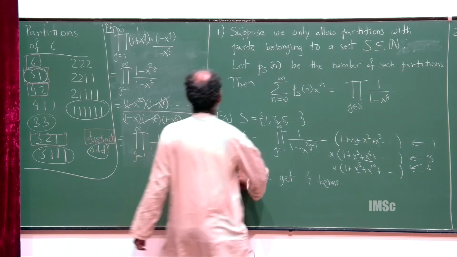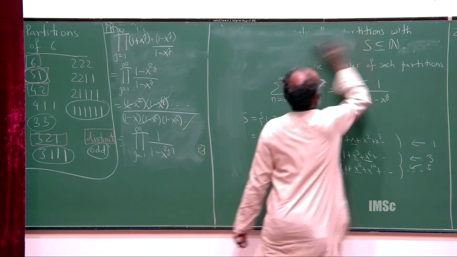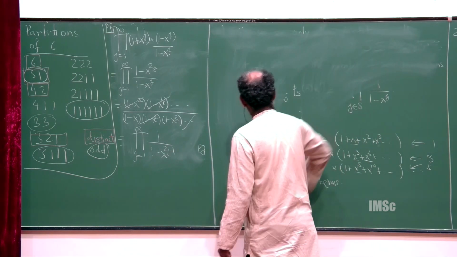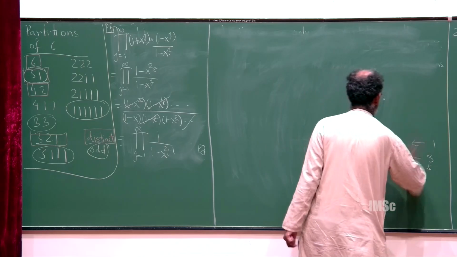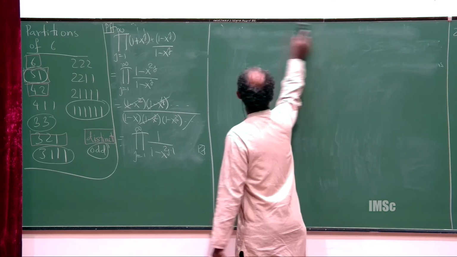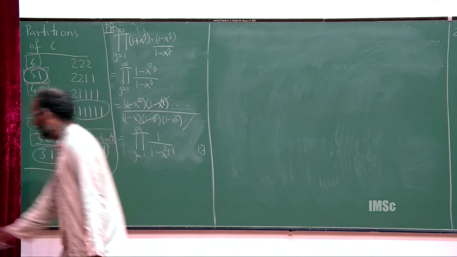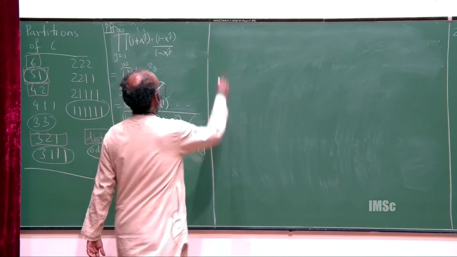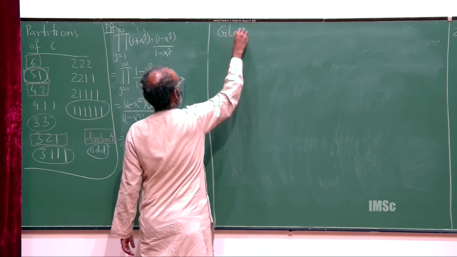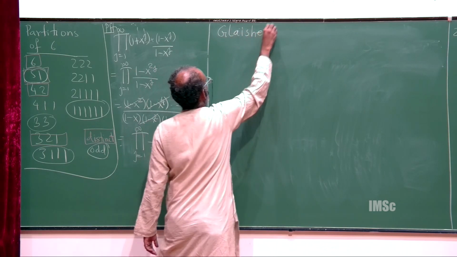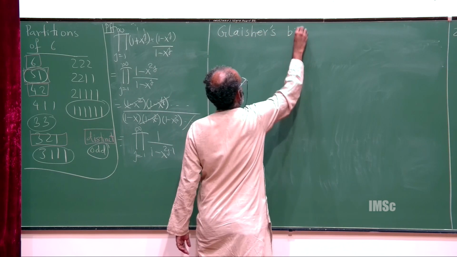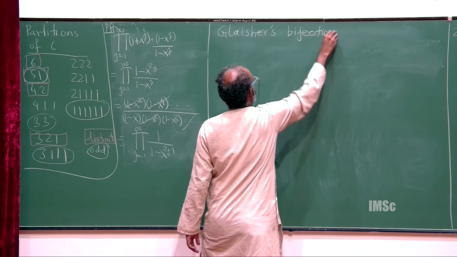So let me do that now. So there was this English mathematician called Glaisher. He gave a bijective proof.